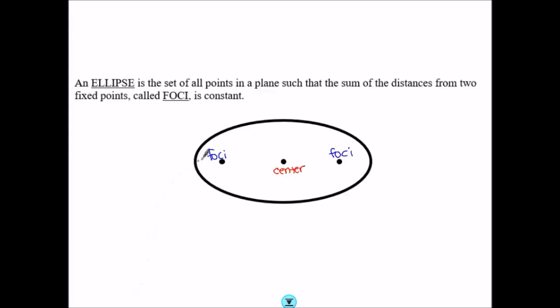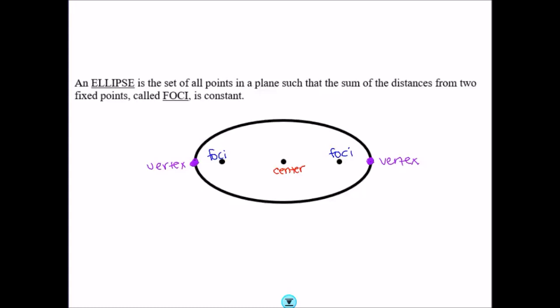Then at each end, we have a vertex. And note that both of the vertices and the foci and the center will all be in a straight line.